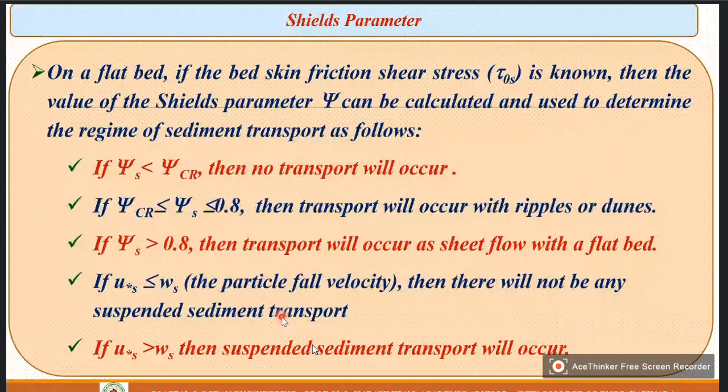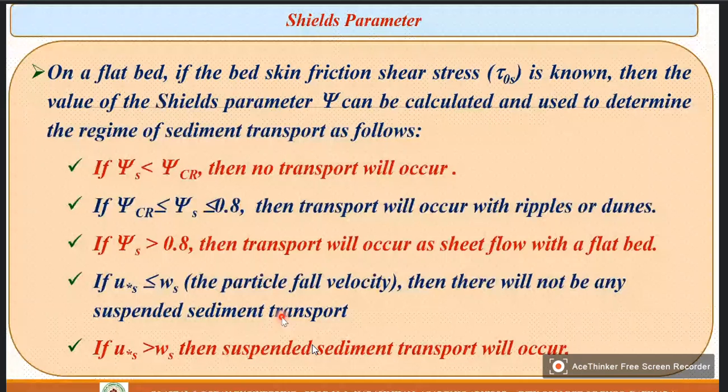And for larger values of Reynolds number, the bed is flat but moving in sheet flow, which is a flat blanket of moving sand. According to one criterion, Nielsen pointed out that if psi is greater than 0.83, then sheet flow will occur.